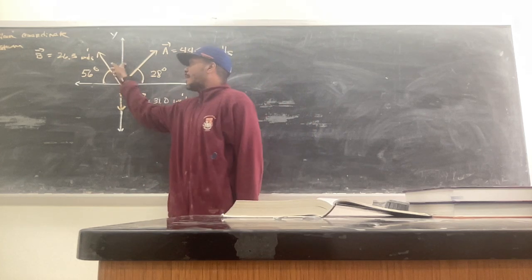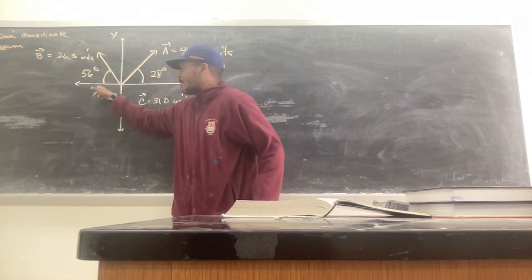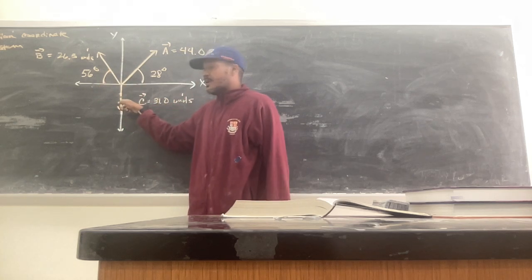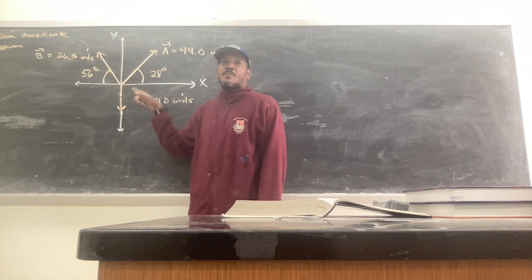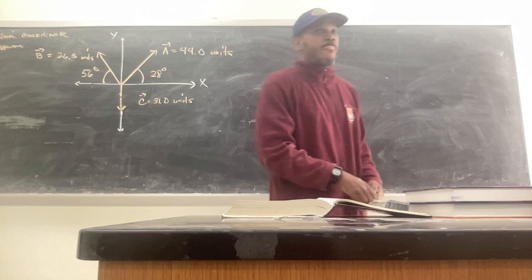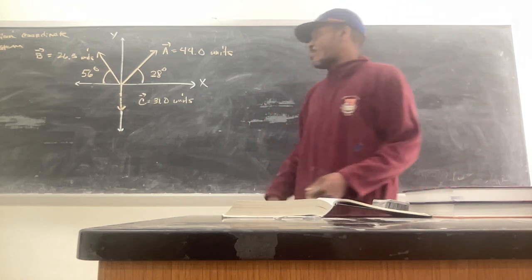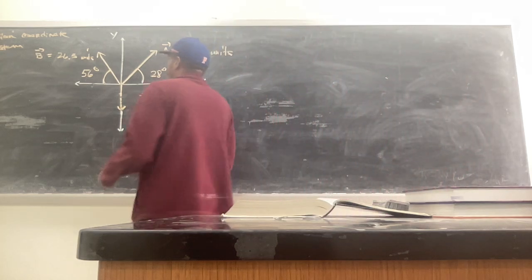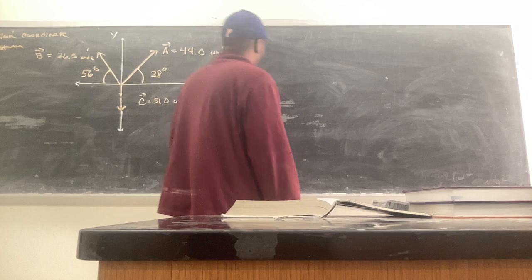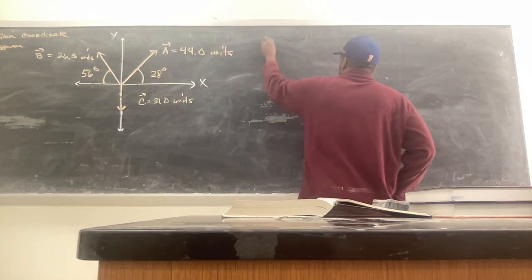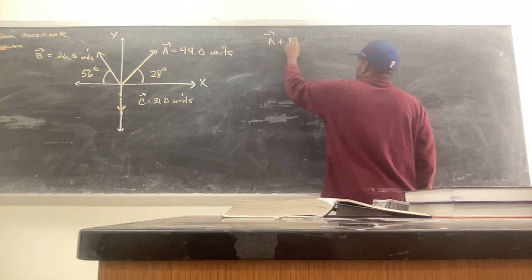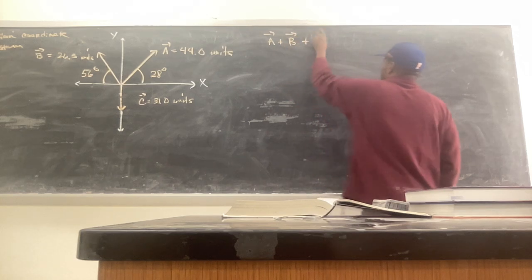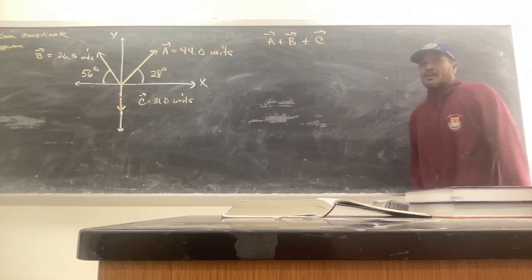And we go that way, and we go this way, and we go that way, and we're back to where we started. 360 degrees. Okay? So now we're going to add vector A plus vector B plus vector C. Okay?